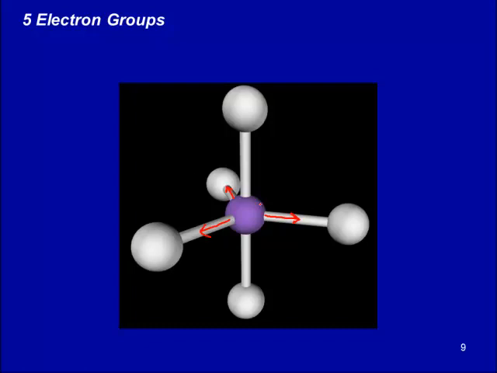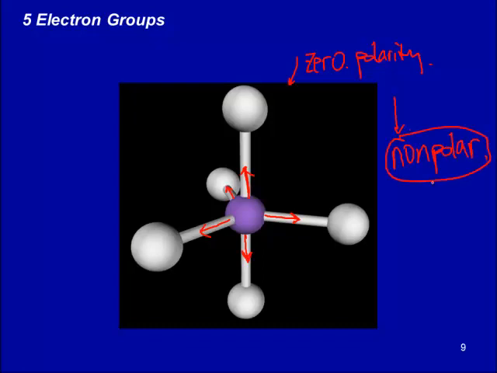So if you're looking at those 3, they will cancel each other out, and now you have a net zero on this plane, and you will have one up, one down. If the surrounding atoms are all the same, this is going to be 0 polarity. So the whole molecule is nonpolar.